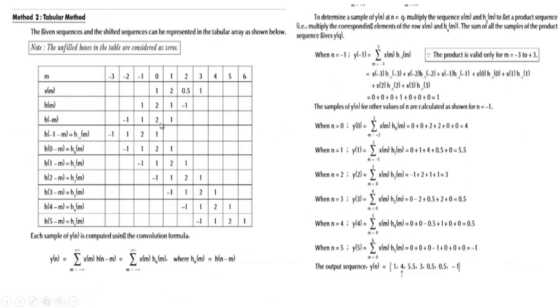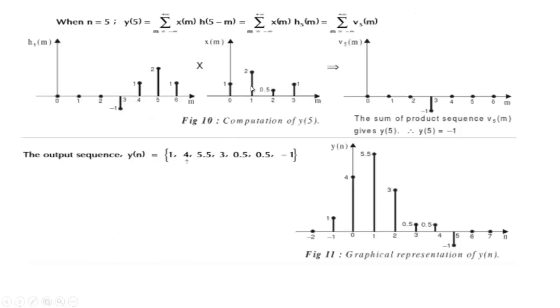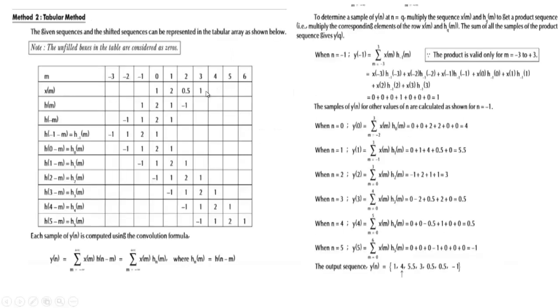So first we have done the folding, then move towards the left. Then after that, since all the positions are positive, we are moving all towards the right side. Okay, so this is how you are plotting the table. It is similar to the graphical one only. Here we are not plotting the graph, but we are taking the table over here.